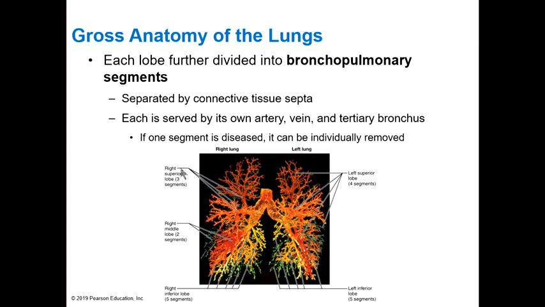Let's see. Right superior lobe has 3 segments, right middle has 2, right inferior has 5. On the left side, remember, there's only 2 lobes, 4 in the left superior, 5 in the left inferior. So we have 9 total segments on the left, and 10 total segments on the right.